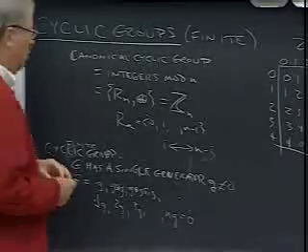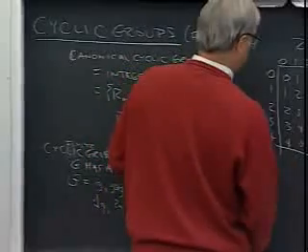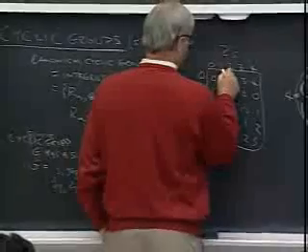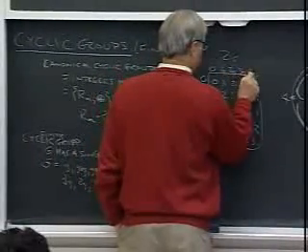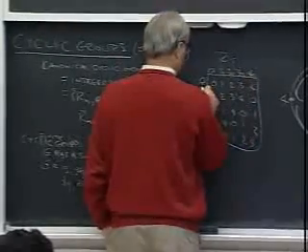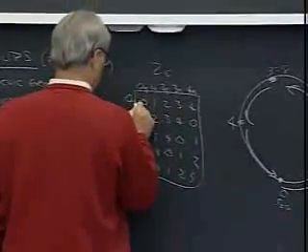And that means, without putting too fine a point on it, that if n were 5, for instance, the group has to consist of 0g, 1g, 2g, 3g, 4g, and then 5g is equal to 0. So we can call this 0g or 5g.